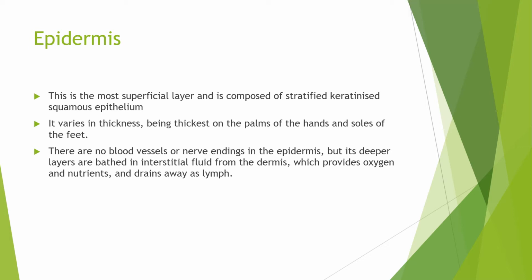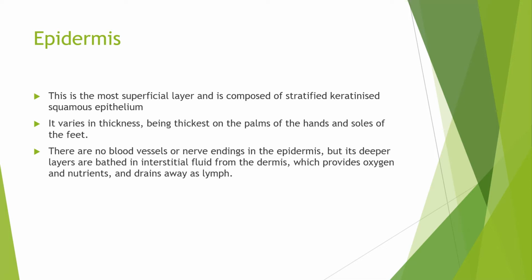So there are no blood vessels. This will help you to understand the structure of the epidermis. We said it's a stratified keratinized squamous epithelium, and its thickness varies, being thickest in the palms of the hands and soles of the feet. And in the epidermis layer there are no blood vessels and no nerve endings.